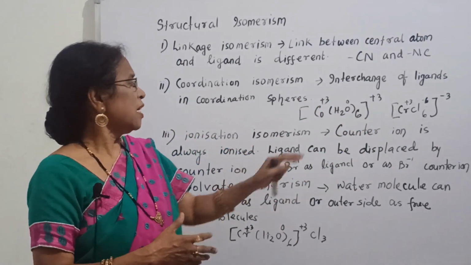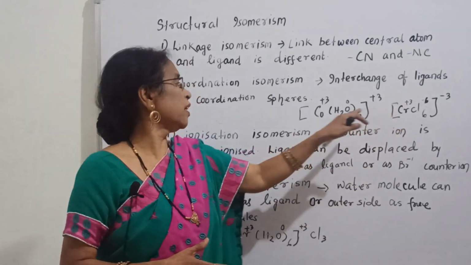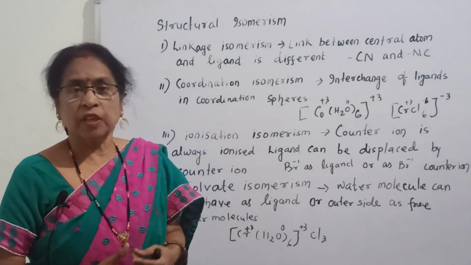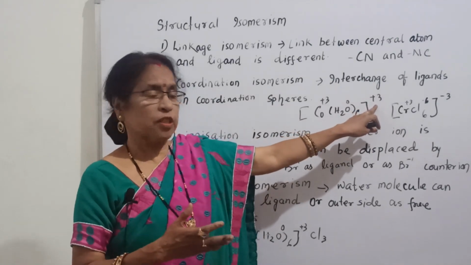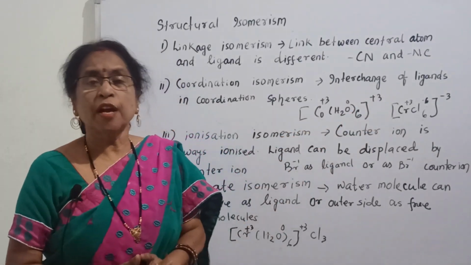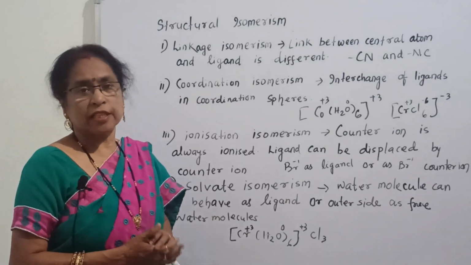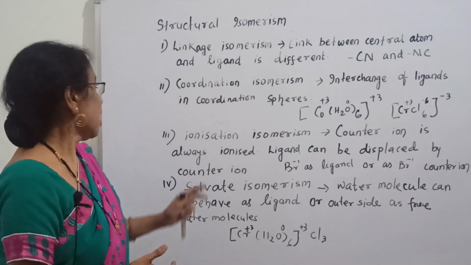But what happened? Here you can change water here and chloride here, then it is called coordination isomerism. Here you can see one part is +3, the other part should be -3. Then only you can say coordination isomerism.